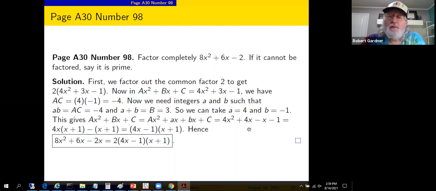Here's the minus 1, the capital C term over here. And look at this, they have the same coefficients. So we can factor a 4x out of this. I guess we could factor a -1 out of that. Let's do both of those. Factoring a 4x out leaves us with x plus 1. 4x times x is 4x squared, correct. 4x times 1 is 4x, correct. So this can be factored, factoring out the 4x to give this term here.